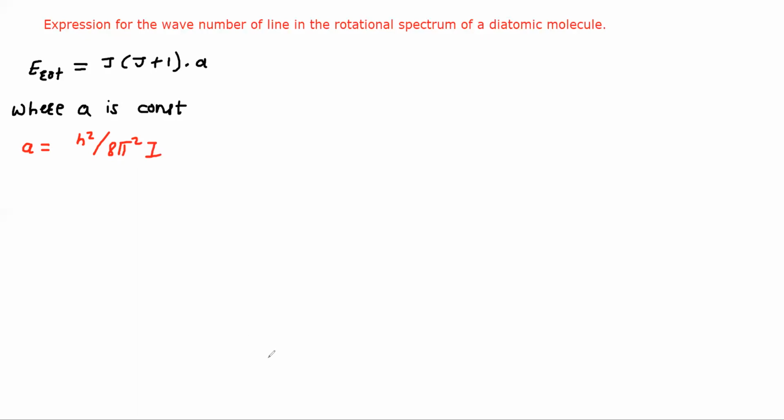So you can again write down the E rotational equation, that is rotational energy is equal to J plus 1 times the value of A, which is nothing but this: h square upon 8 pi square I. Okay.